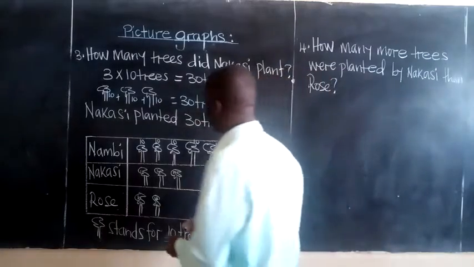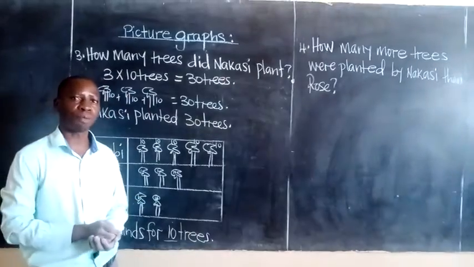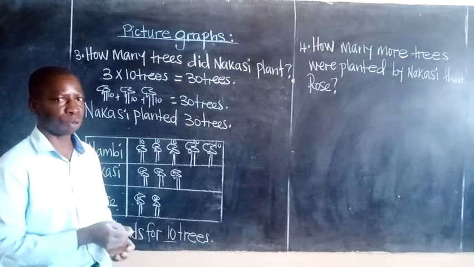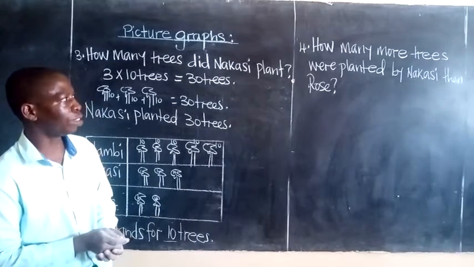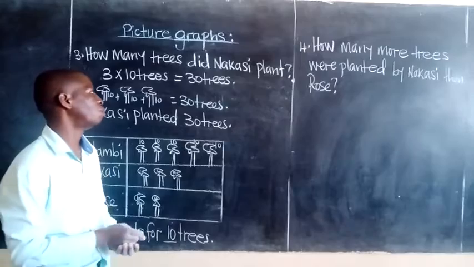I said when they say more trees than, more than, get the difference. You will subtract the trees planted by Nakasi, then you take out the trees planted by Rose.